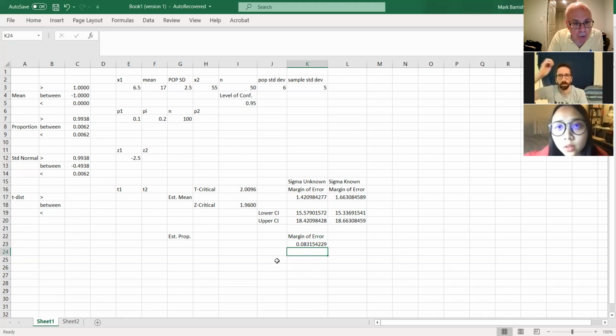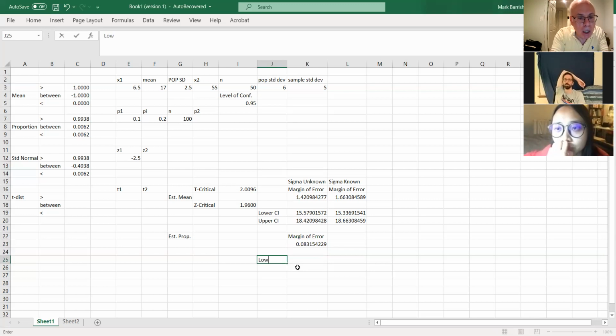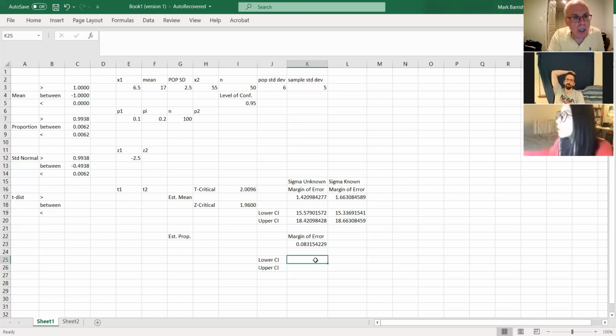And then my confidence intervals will be, I'll put it right here, lower CI, upper CI. So this one would be the proportion equal to the sample proportion, right, minus the margin of error, right?